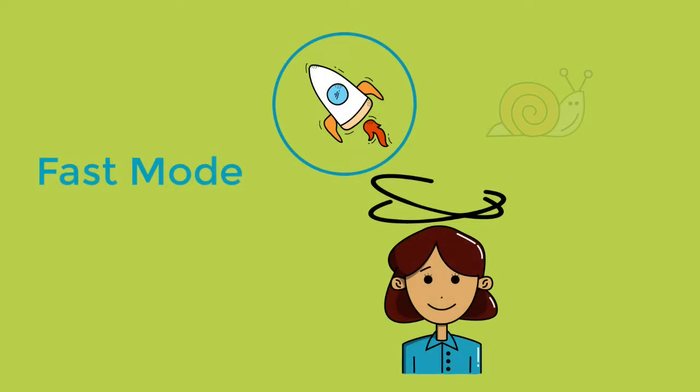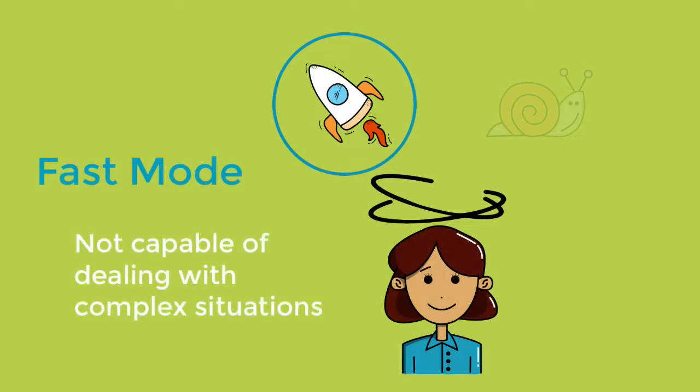The problem is, this type of thinking falls short when it comes to thinking about complex situations, especially in our fast-moving modern world. Having said that, the cognitive architecture of our brain is dynamic and adaptive. What this means is that we have the mental structures to deal with complexity.